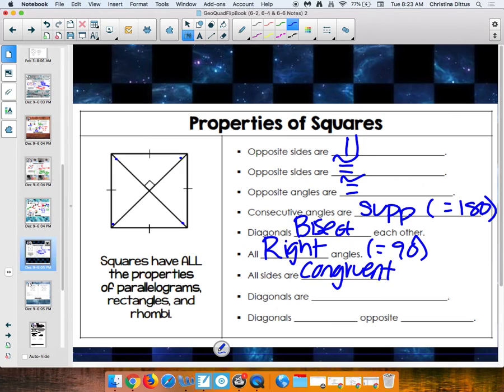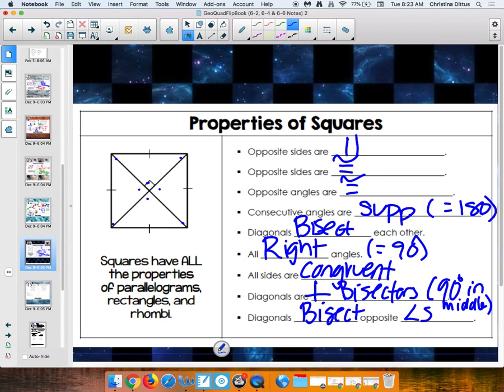Again, we have 90s in the middle. All four of those are 90s. Professional way to say that is that the diagonals are perpendicular bisectors. 90 in the middle. And then diagonals bisect opposite angles.